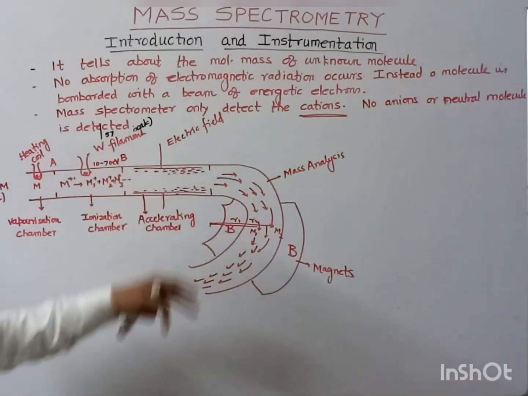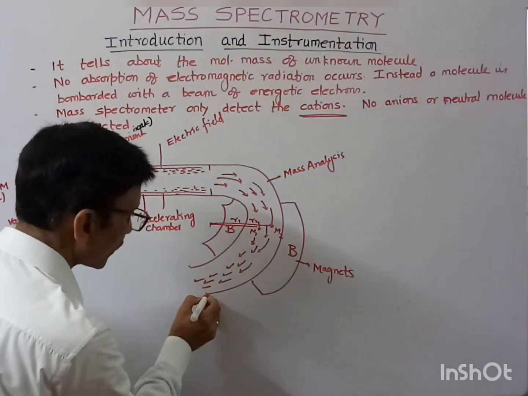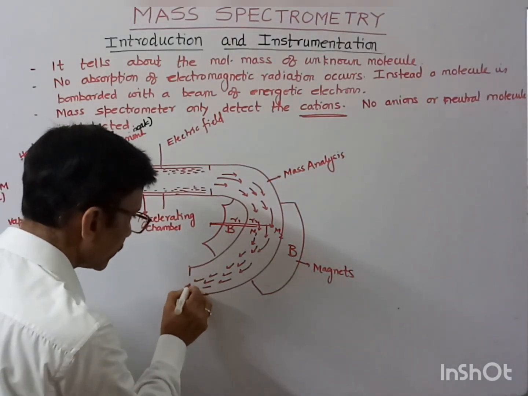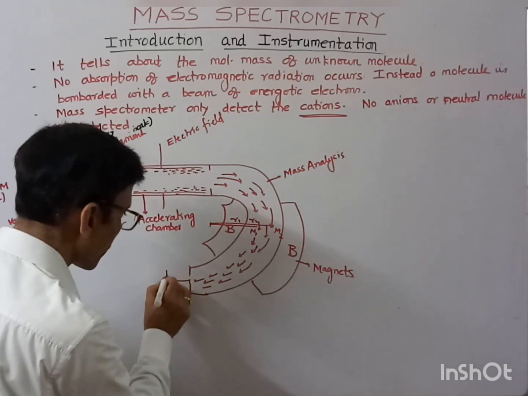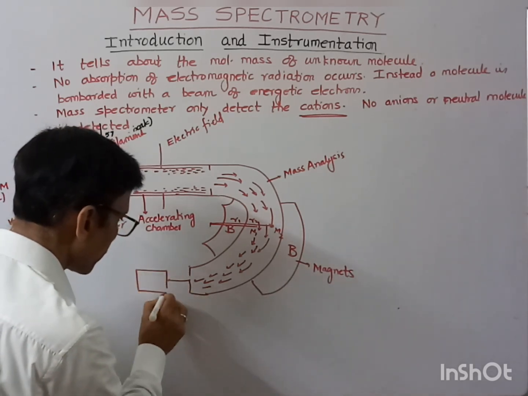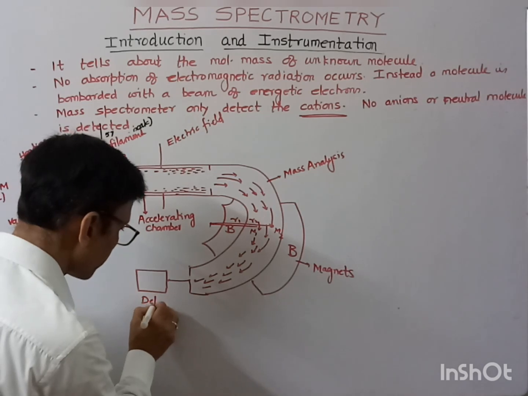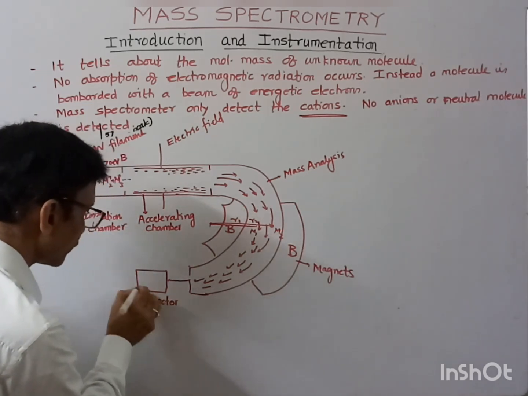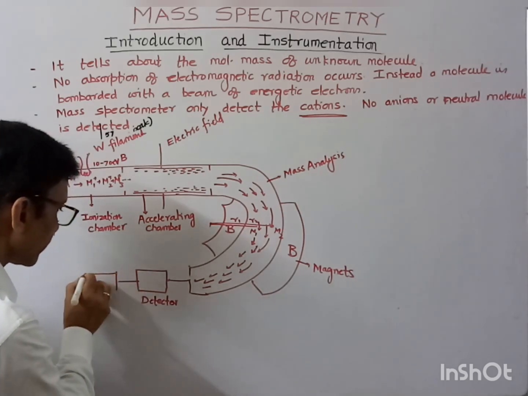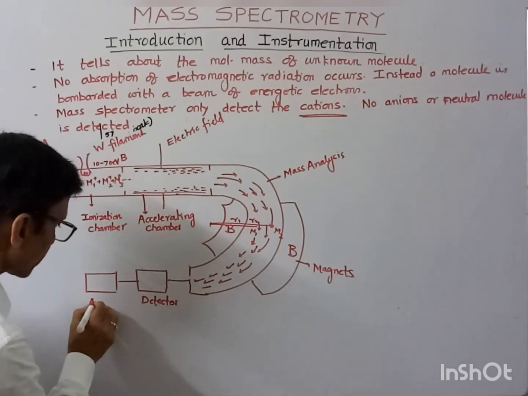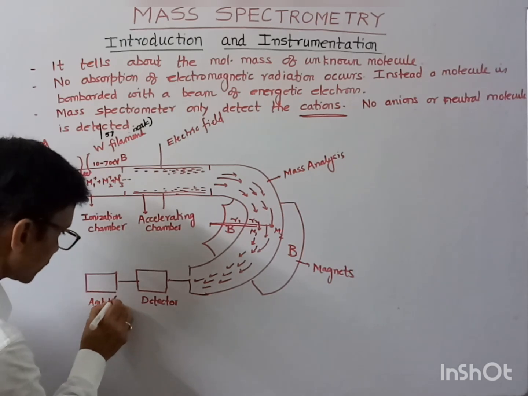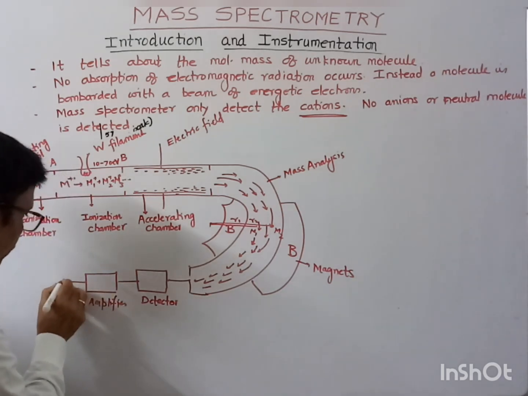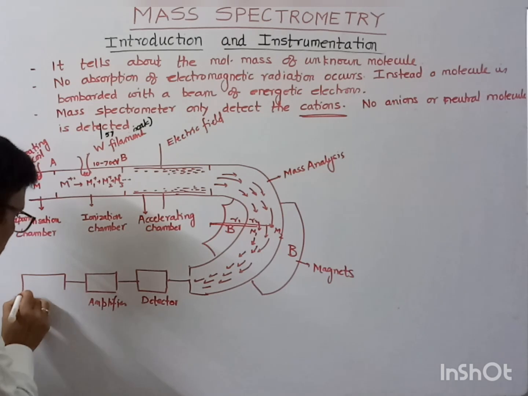Finally, it will go into the detector, and here the signal will get amplified. This is our amplifier, and after this amplifier we have the recorder.